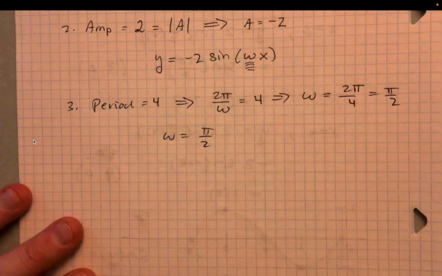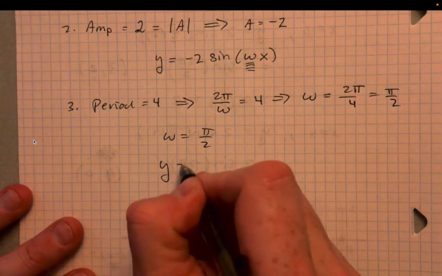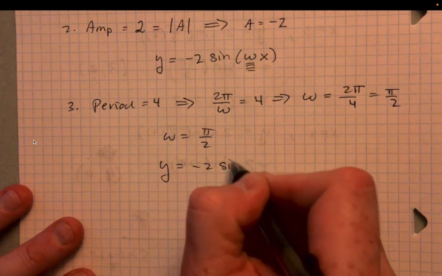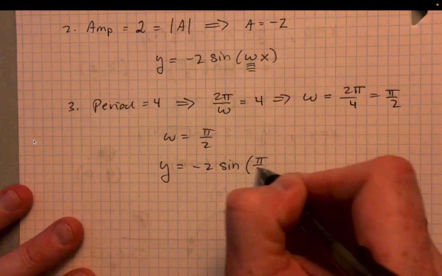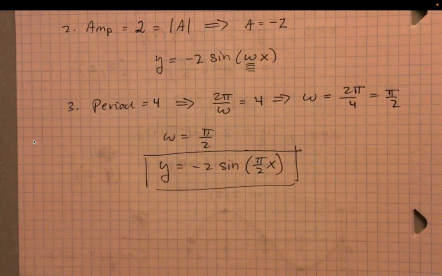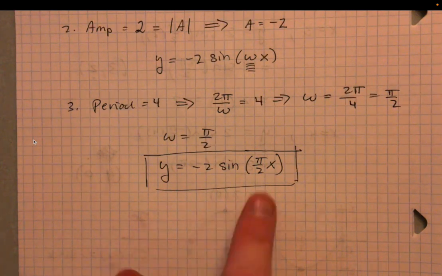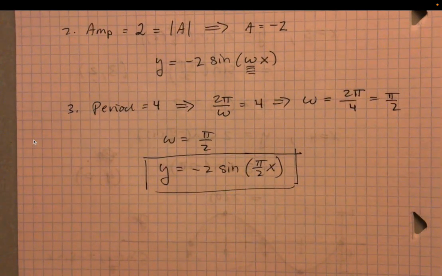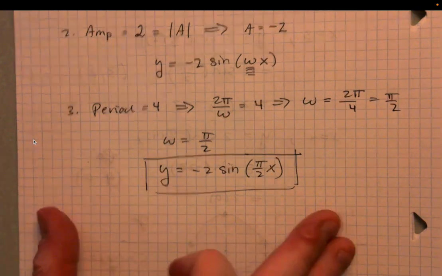So now the equation is y equals negative 2 sine of pi over 2 times x. And I think if you go through the process in reverse and you try to graph this function, you'll see indeed it's exactly as we've said. It is exactly this image here.